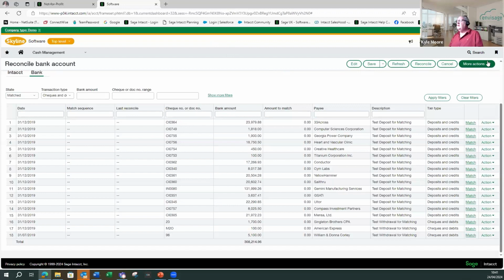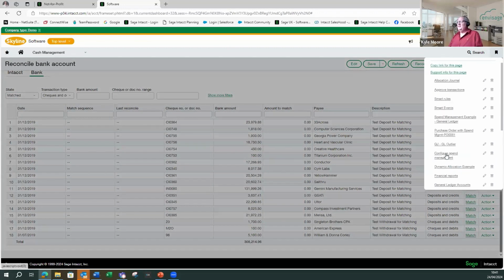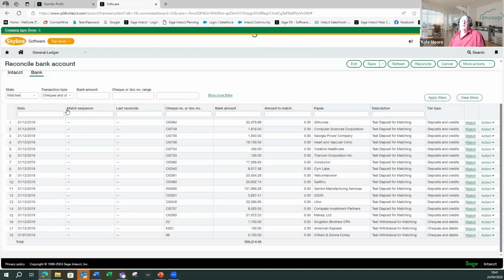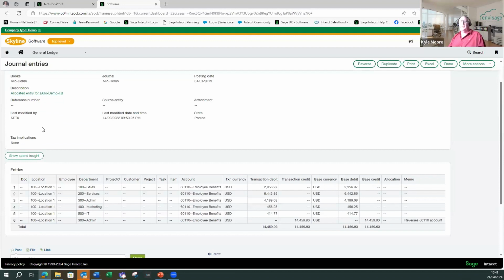And dynamic allocations will also take into consideration things like monetary values, the size of a department, the amount of transactions coming in there, the value of maybe donations coming into that department.